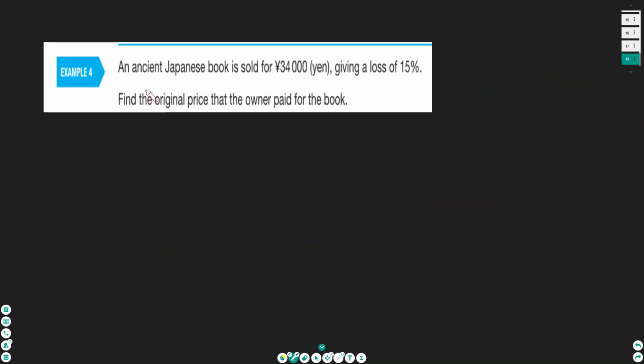The next example is a percentage decrease problem because we have a loss of 15% on the value of the book. The book is sold for 34,000 yen, giving a loss of 15%. So this is an indication that this is a percentage decrease problem. The multiplier under a percentage decrease problem is 1 minus the percentage.